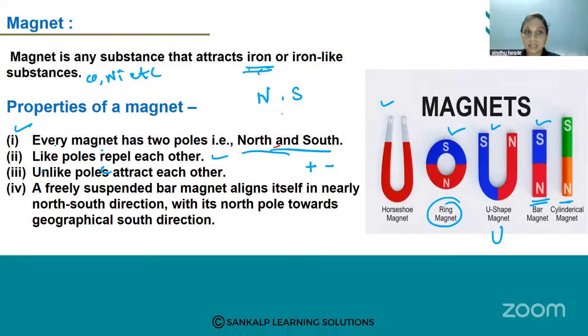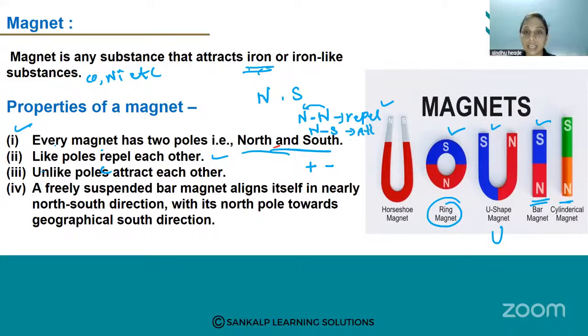It feels some repulsion. For example, when north and north pole come close to each other, these are like poles, right? So generally they repel each other. If north comes close to the south pole of another magnet, what happens here?